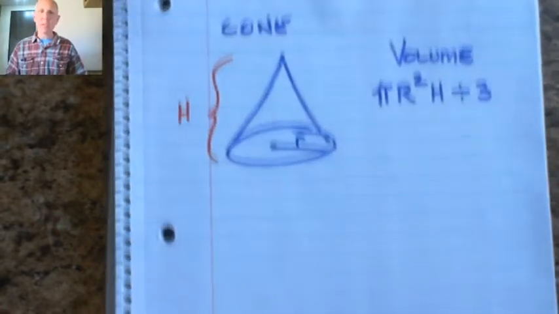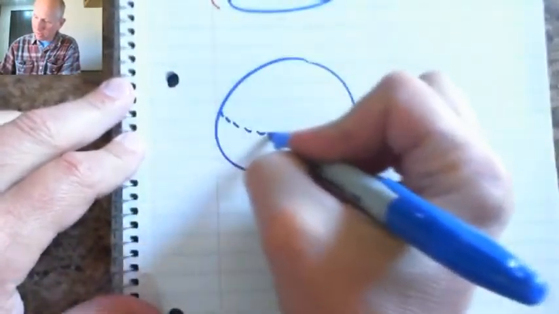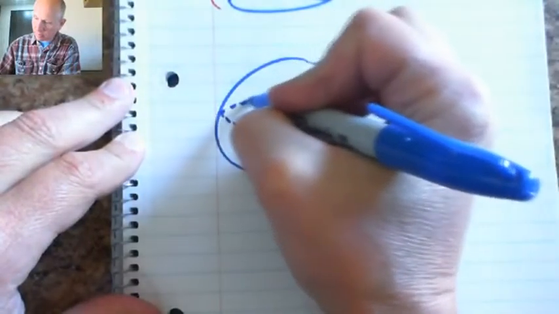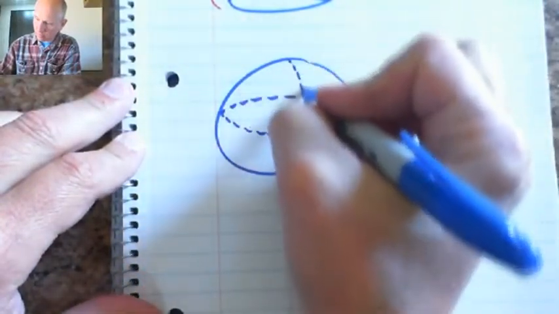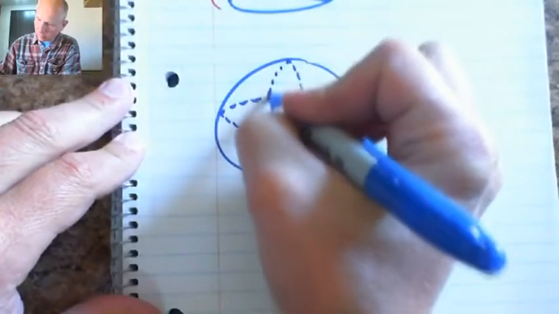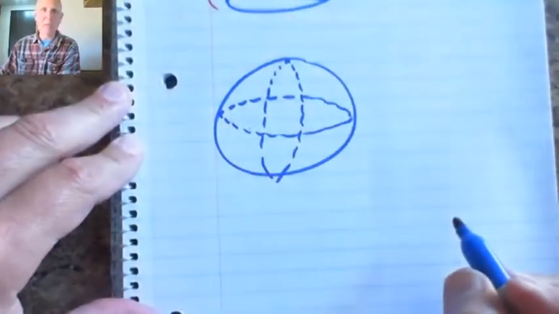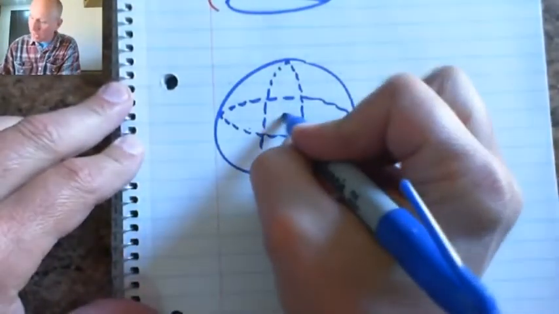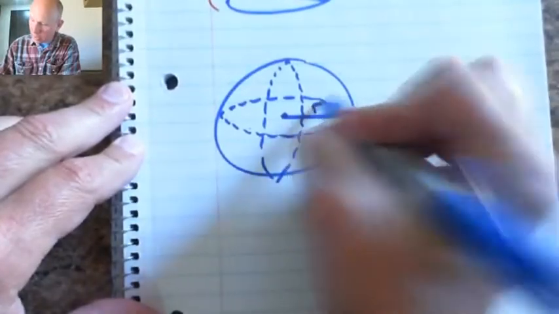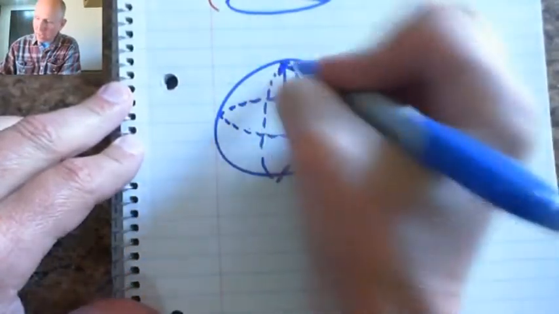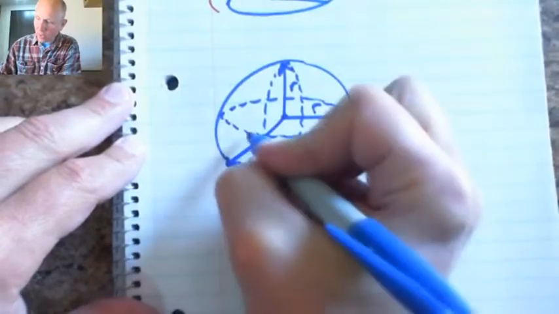Our next one is the sphere. Now the sphere is weird because it doesn't have a height necessarily. What it really has is a radius, but that radius is actually going off in all directions, isn't it?